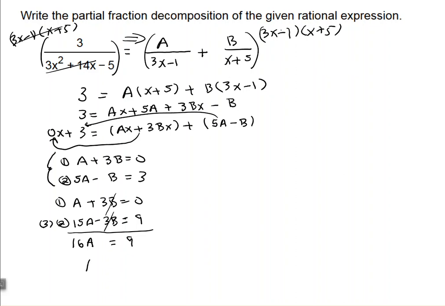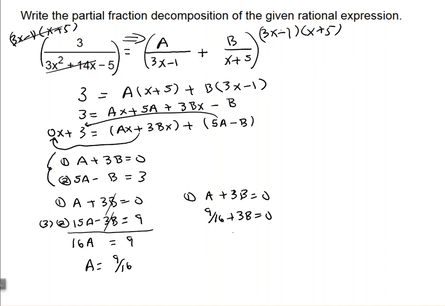Divide by 16, A equals 9/16. All right, we also need the value of B. So I'll use equation 1 again. So we have A plus 3B equals 0. We know the value of A is 9/16. Okay, solve the equation.